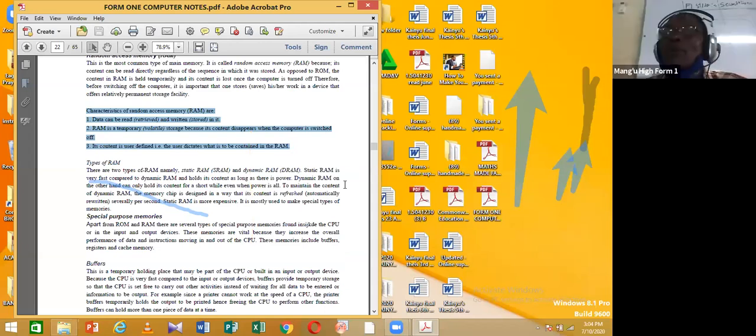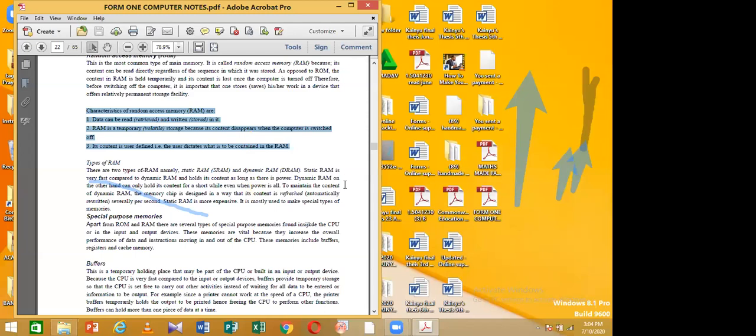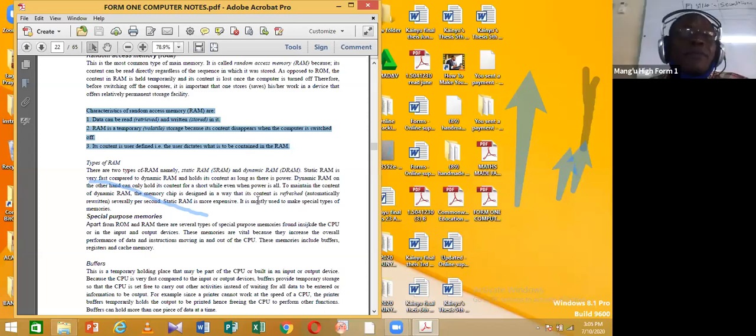These are some of the points you point out immediately. 1, static is faster. Static is very fast compared to dynamic. Number 2, it holds content longer compared to dynamic RAM.